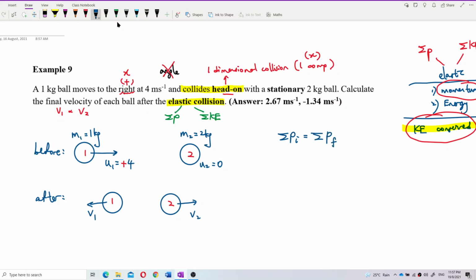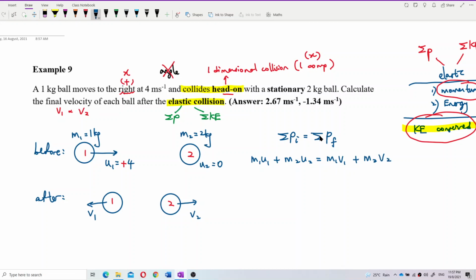For elastic collision, we just use m1 u1 plus m2 u2. Again, this is a one-dimension collision, so you don't need to do x or y components, because it's a head-on collision. A head-on collision is a one-dimension collision. Equals m1 v1 plus m2 v2.